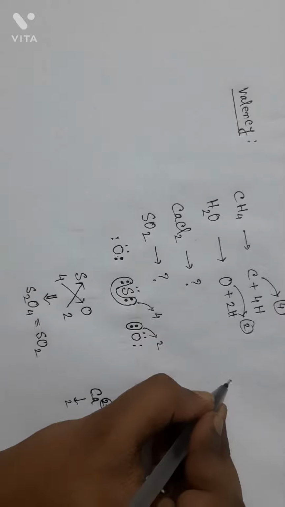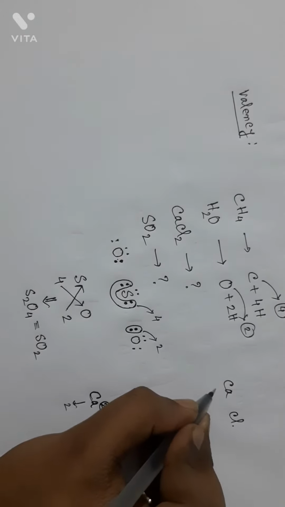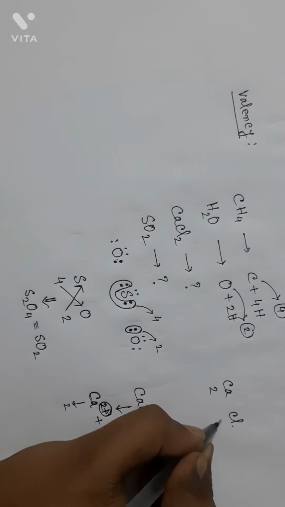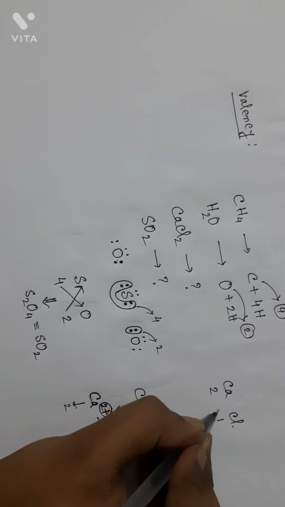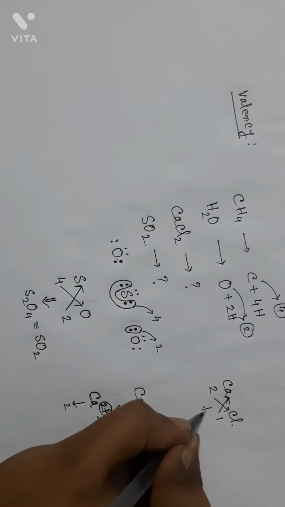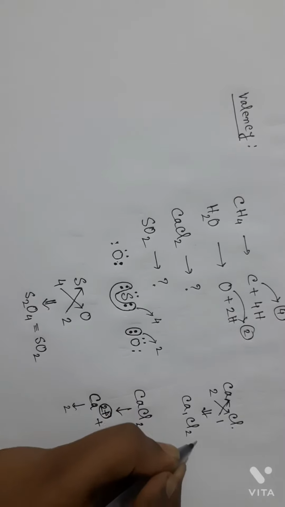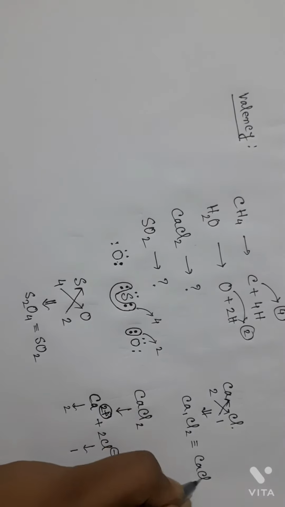When calcium chloride forms, the valency of calcium is 2 and the valency of chloride is 1, and as per the crisscross type of combination, this forms Ca1Cl2, that is CaCl2.